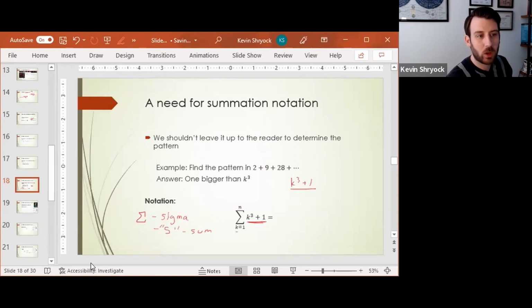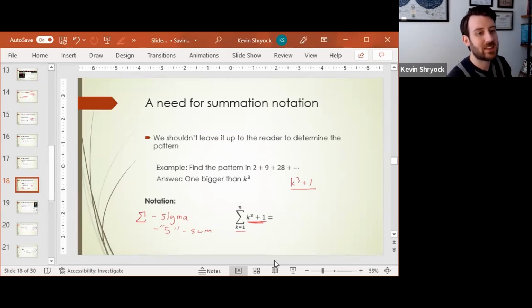What about the k equals 1? This is where I'm reaching out to anybody here who's got some programming experience, big fan of computer science. This is your home base, because you're going to think of this like a repeating program, like a for loop. I'm going to start at k is 1, and then repeat that pattern with k being 2, and then 3, and then 4, until I tell you to stop.